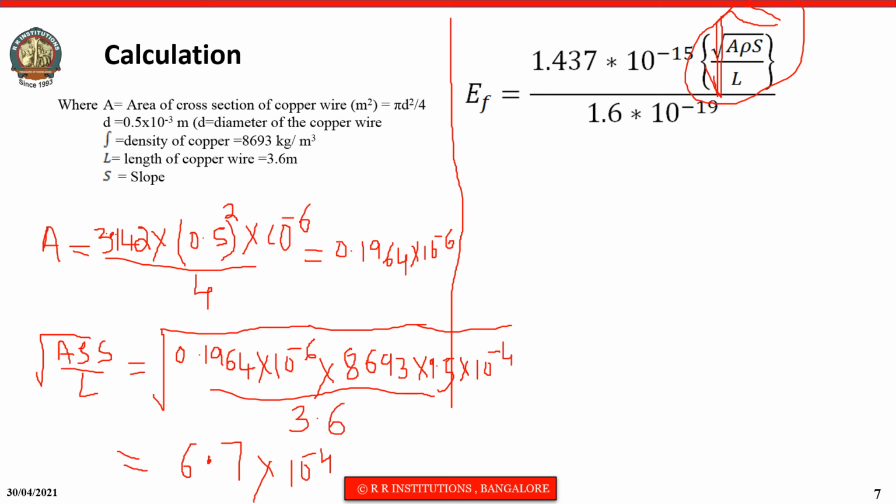Okay, now let us calculate this. So 1.437 as it is I am writing into 10 to the power of minus 15.